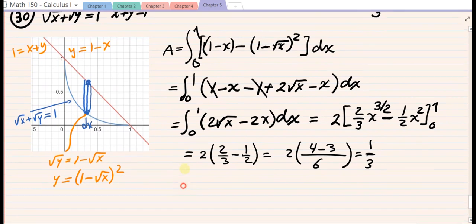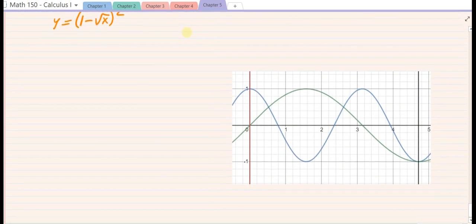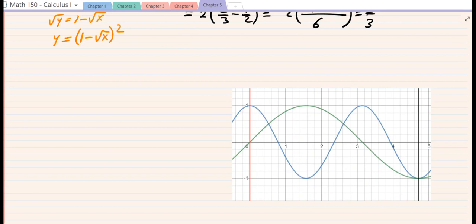Let's take a look at the next one. This next one is number 34. Okay, so here's a graph of number 34. Let me write it down. In number 34, we actually have trig functions.